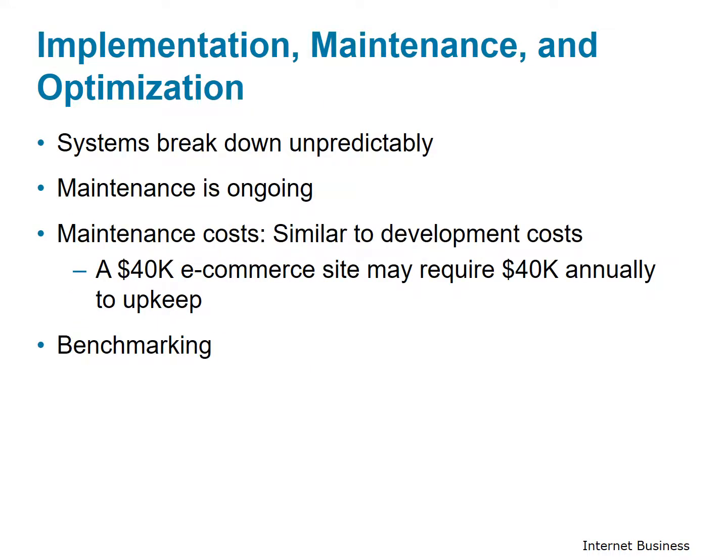Implementation, maintenance, and optimization. Systems break down unpredictably. Maintenance is ongoing. Maintenance cost is similar to development cost. A $40,000 e-commerce site may require $40,000 annually to upkeep.